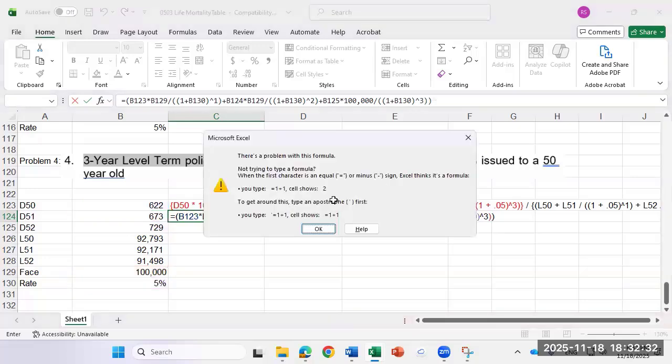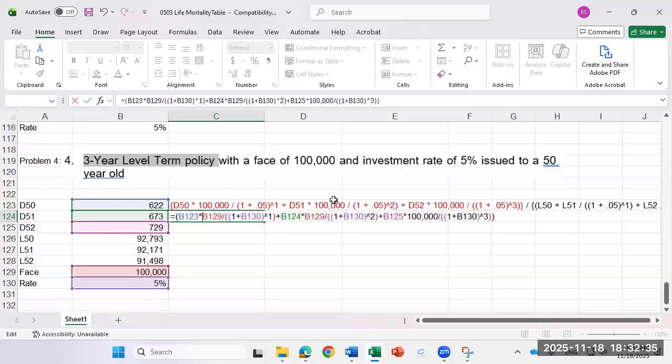So there's your denominator. Bill Gates will let me hit enter.